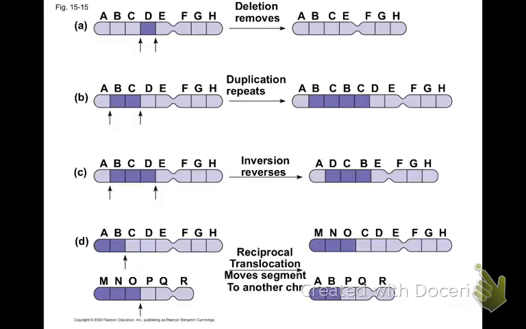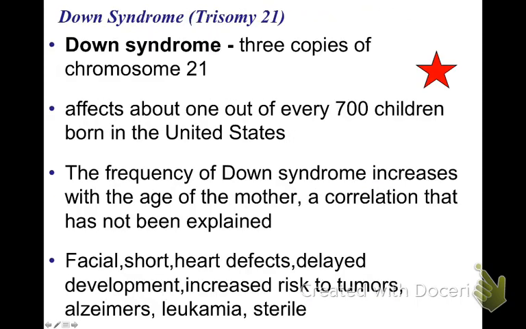We also talk about, so remember, there are different ways in which you can have genetic disorders. One where an entire chromosome is more or less, which is what I showed you in the non-disjunction processes 2-3 slides back.